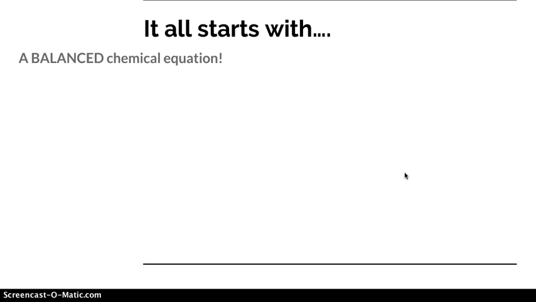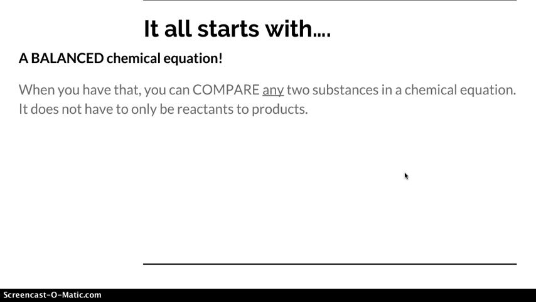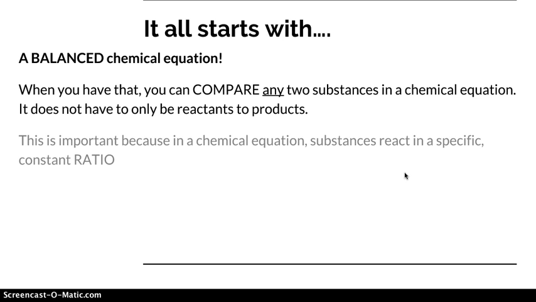So, stoichiometry all starts with a balanced chemical equation. You cannot do any stoichiometry until you have a balanced chemical reaction. When you have that, you can compare any two substances in an equation. It does not have to be only reactants to products. It can be reactant to reactant, it can be product to product. Any useful combination of two substances.